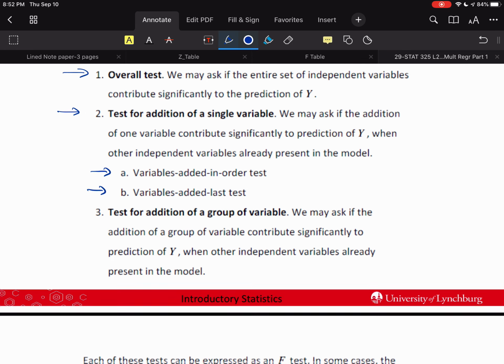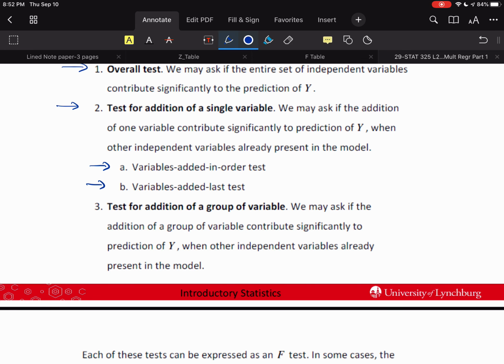Okay? And we want to test for the addition of a group of variables. We may ask if the addition of a group of variables contributes significantly to the prediction of y, when other independent variables are already present in the model. In other words, we're going to say these variables belong in the model now.